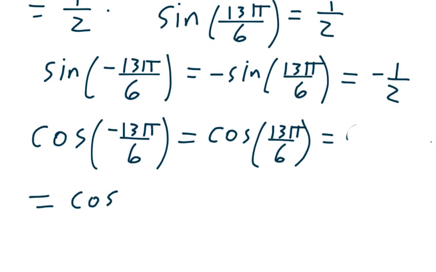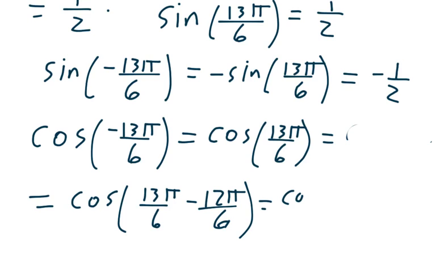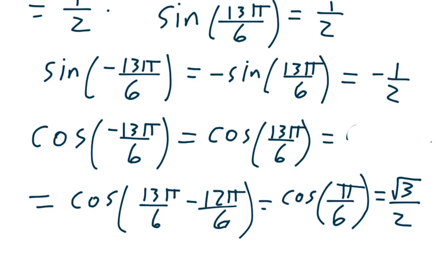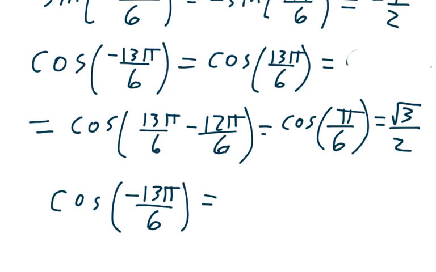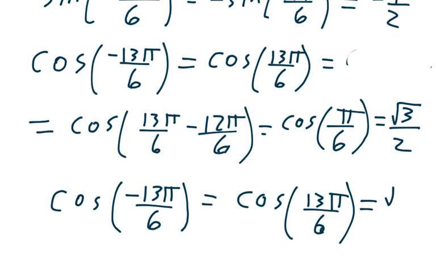This is equal to cosine of 13 pi over 6 minus 12 pi over 6. Okay? And that's equal to cosine of pi over 6, and that is equal to radical 3 over 2. So altogether, cosine of negative 13 pi over 6 equals cosine of 13 pi over 6, which is square root of 3 over 2.